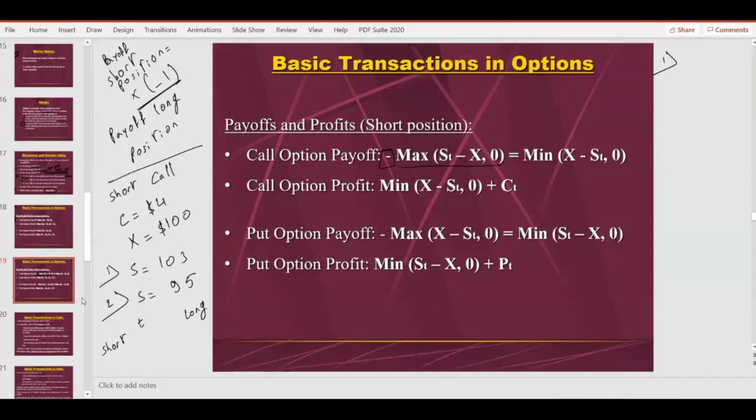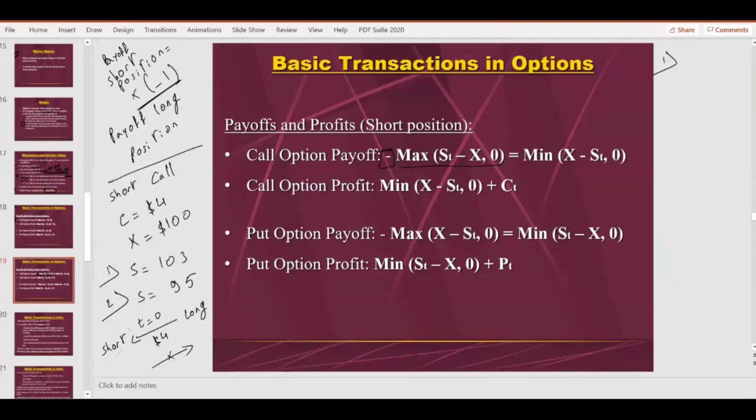At time t equals 0, the party with the long position will pay the premium, this $4, to the party with the short position. Later on, there are no cash flows from the short position to the long position. The only cash flow that can happen is from the short to the long. So the best case scenario for the party of the short position is that there's no such cash flow.